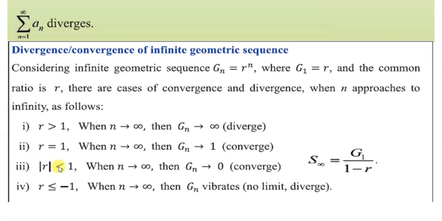And the case where r is in between -1 and 1, that means the absolute value of r is less than 1.